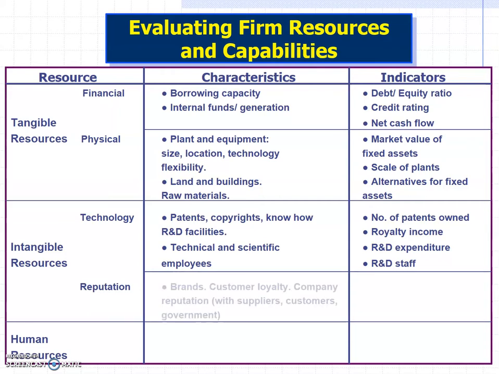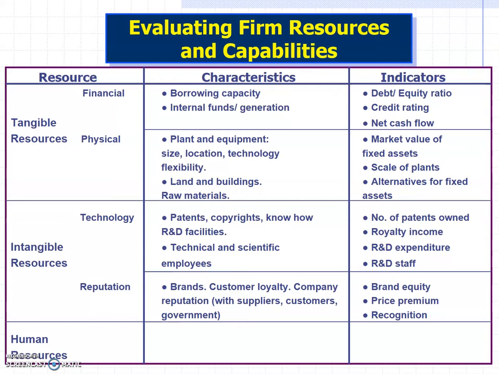For reputation characteristics, we can see things like brands, customer loyalty, company reputation. And we can look at measures like brand equity measures or the price premium that we're gaining, like the price that we can gain above and beyond other competitors or unbranded versions of our product.